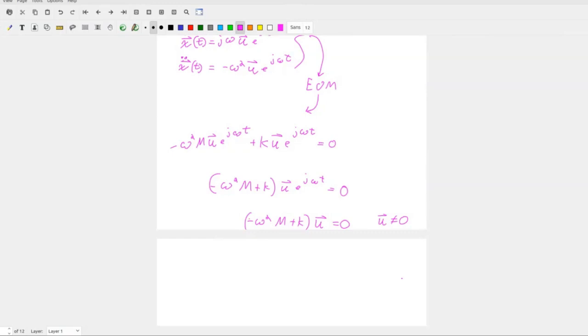So for this to be true, the inverse of the coefficient matrix must not exist. So the inverse of negative omega squared m plus k must not exist.